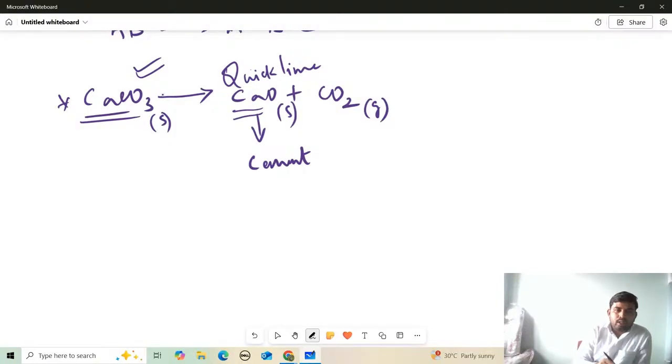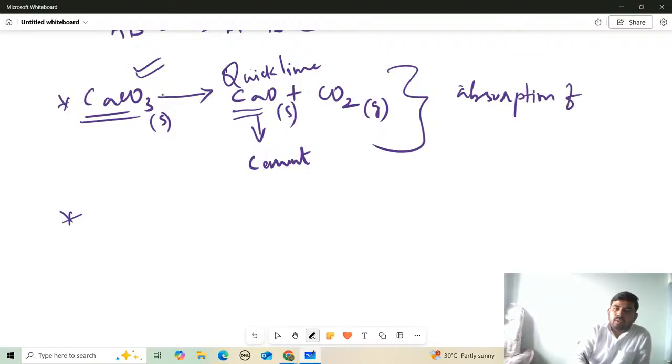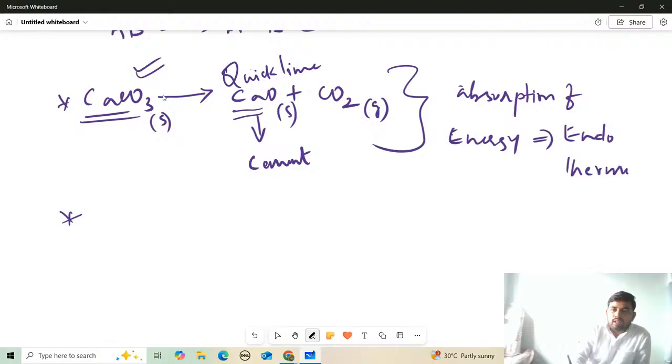Again, these decomposition reactions absorb energy. Absorption of energy will take place here. That's why decomposition reactions are called endothermic. They are endothermic in nature.